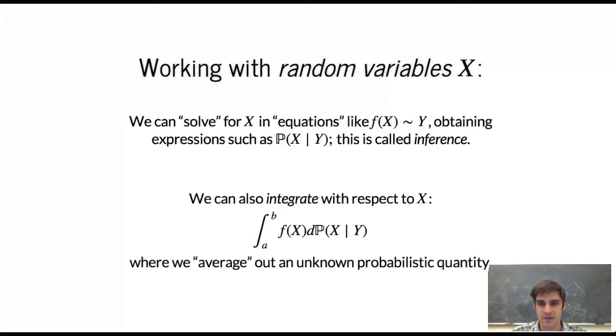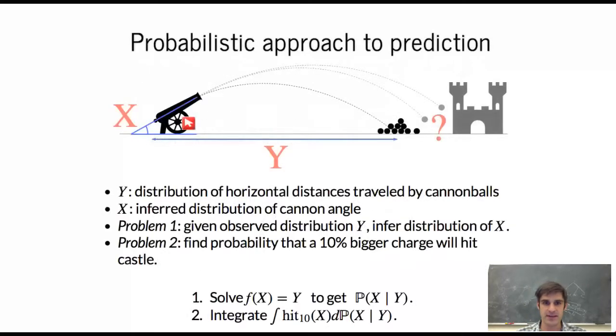So we can also integrate with respect to x, to average out an unknown probabilistic quantity. That's a little bit abstract, so let's go back to the cannons. Here we are back with the cannons, but now, instead of having one observation, we have lots of observations, so lots of different y's.